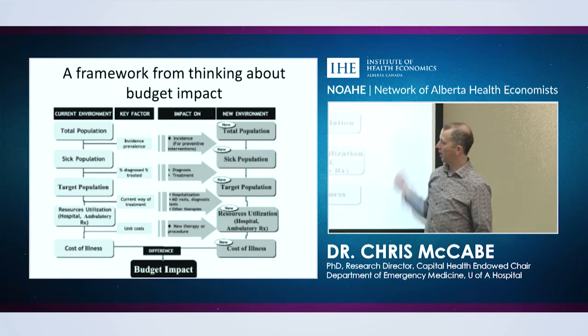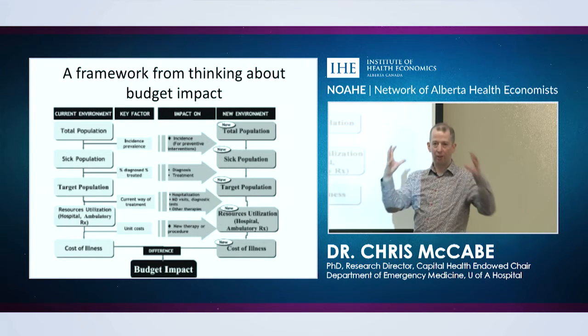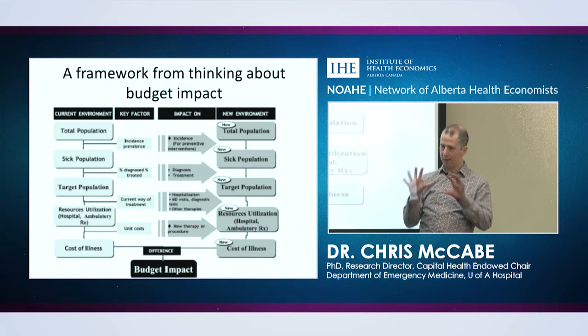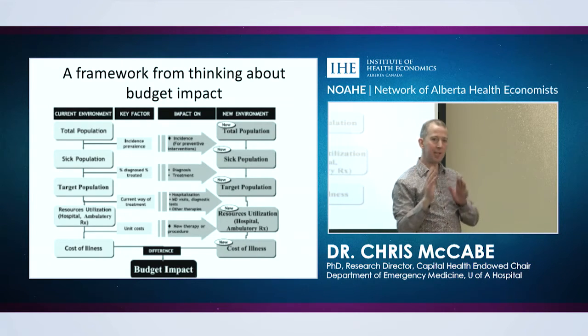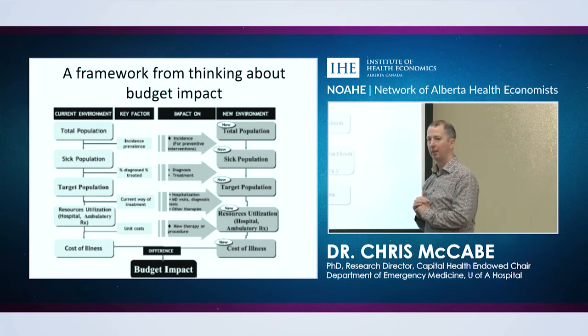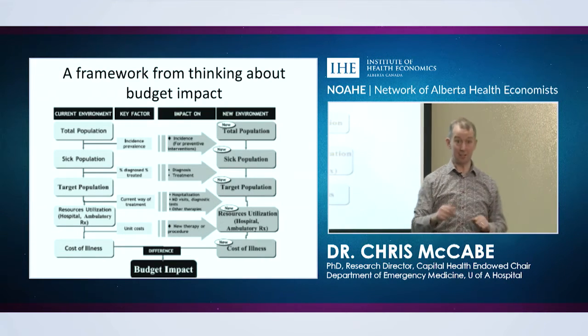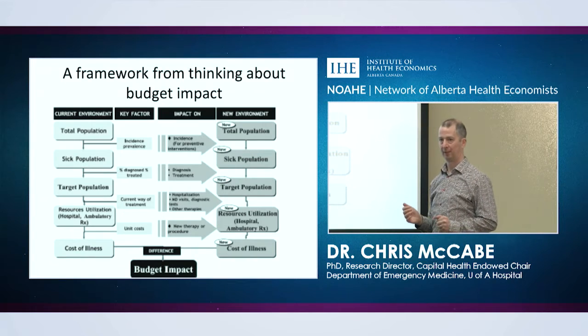We've broken out our target population. It's not a clump anymore. It's a number of differentiated target populations, and because they're targeted by different drugs, actually the costs for each of those, the budgetary impact for each of those, is going to be different. Yeah?